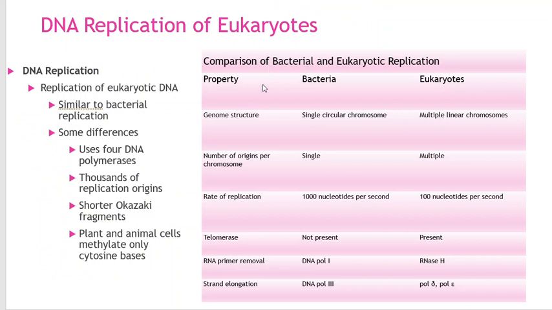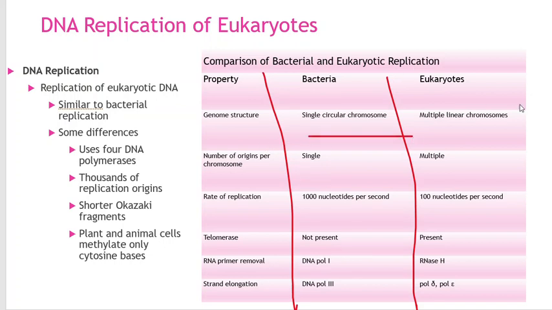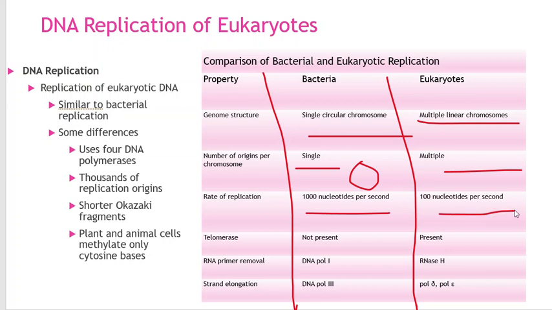Okay, comparing eukaryotes with prokaryotes. Genome structure: prokaryotes have one chromosome with one origin. We talked about that, multiple in the eukaryotes. These good guys can do 1,000 nucleotides a second. Ours can only do 100 nucleotides per second. Ours is more complicated. No telomerase present on the ends in prokaryotes; we've got it in the eukaryotes.